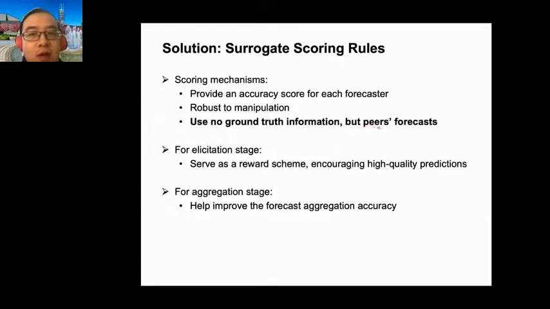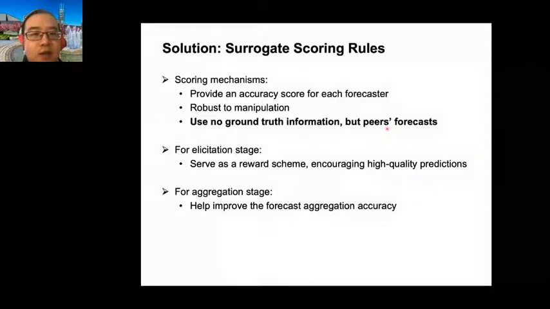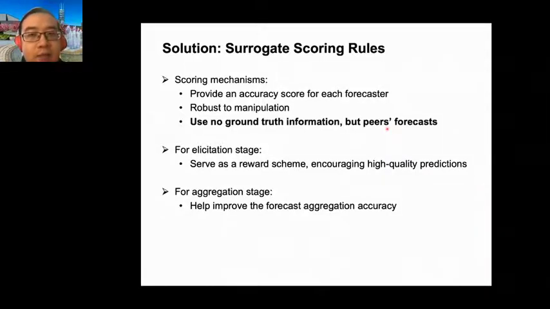Instead, they rely on a forecaster's peers' forecasts to evaluate a forecaster's prediction accuracy. These types of mechanisms that use a forecaster's peer forecaster predictions to evaluate the performance of a forecaster are called peer prediction mechanisms, which also gives the name of this talk. Our surrogate scoring rule is one of the peer prediction mechanisms, and it focuses on eliciting probabilistic predictions, while others mostly focus on eliciting categorical signals like yes or no answers.